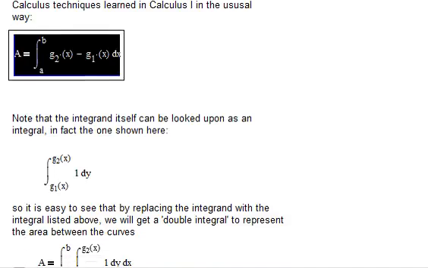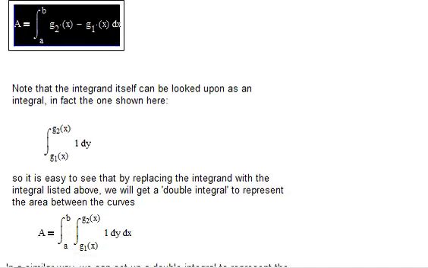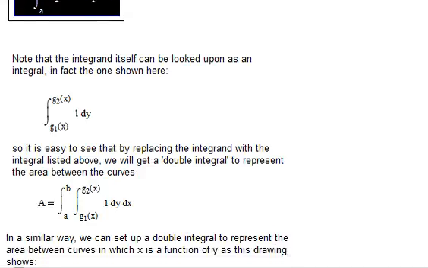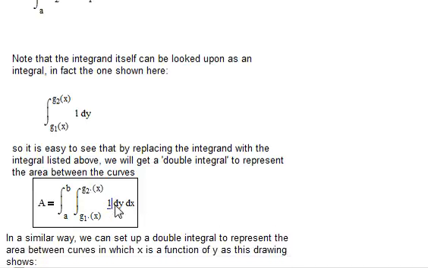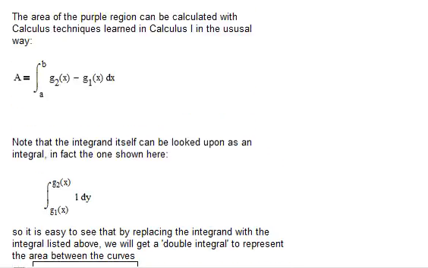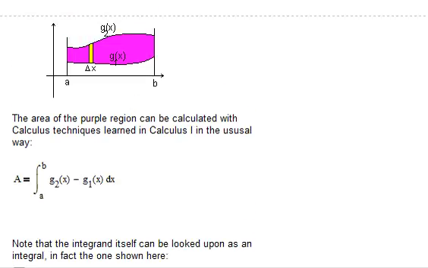So if we replace the integrand with the integral listed above, we'll get a double integral to represent the area between the curves. Notice our integrand is just 1. You can think of it for now as, imagine that over this region we have height 1.